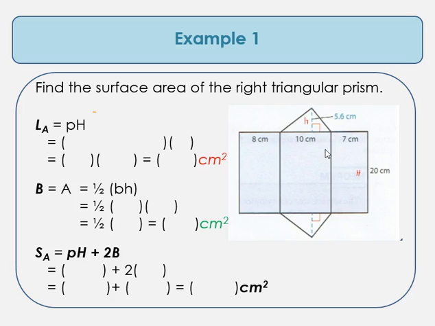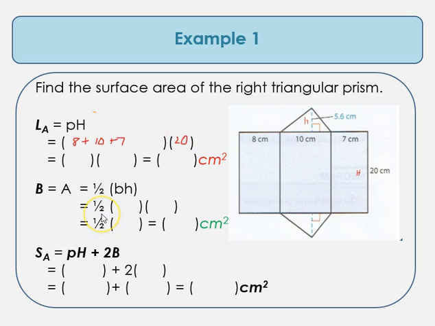Now what I'm going to do on the next slide is actually fill in the problem and review it. So the perimeter, remember what the perimeter was? It was 8 plus 10 plus 7. And it was multiplied by the height, which was 20.